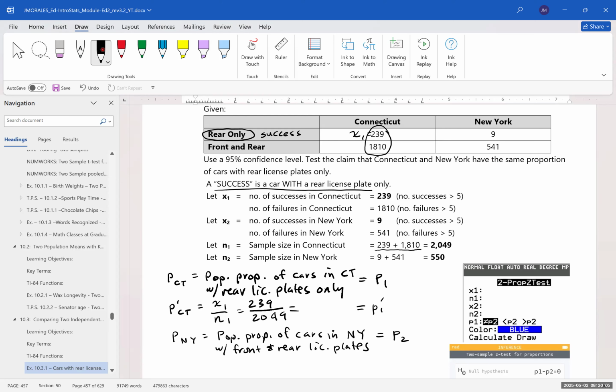We did take a sample from New York, so the sample proportion from New York would be the number of successes over the sample size. The number of successes in New York was 9, and the sample size is 9 plus 541, which comes out to 550. If we were going to label this as well, this is the sample proportion from population 2.